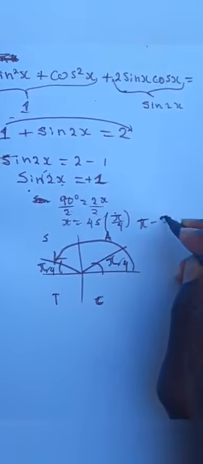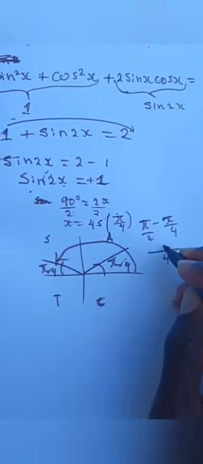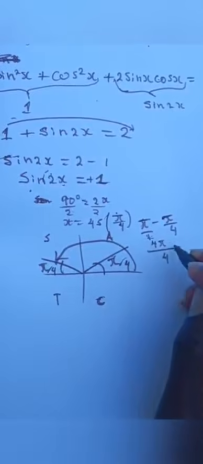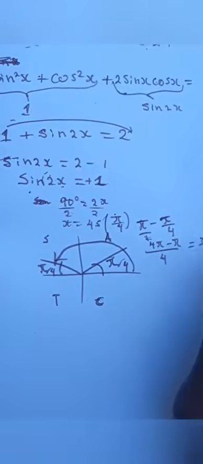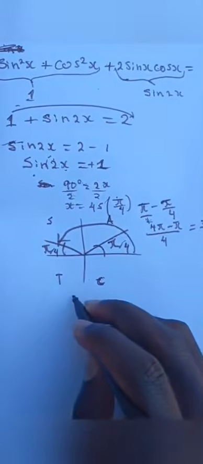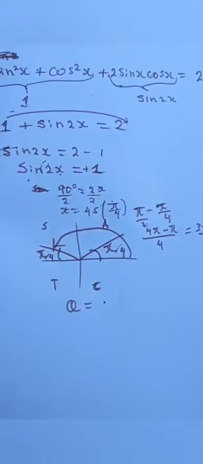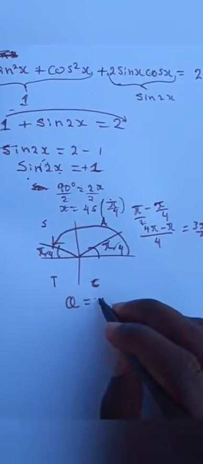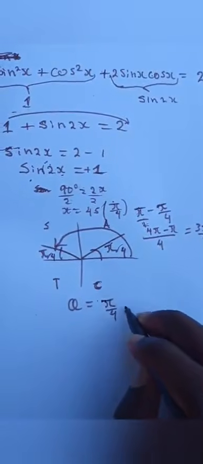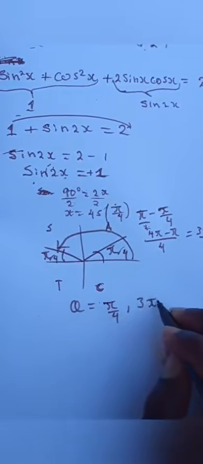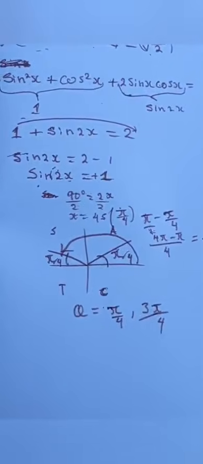So pi minus pi over 4, so we'll get 4 pi over 4 minus pi over 4, which is going to give us 3 pi over 4. So the values are the following: the first one is pi over 4, then 3 pi over 4, right? Just like this, you're done. Let's move on to the next question.